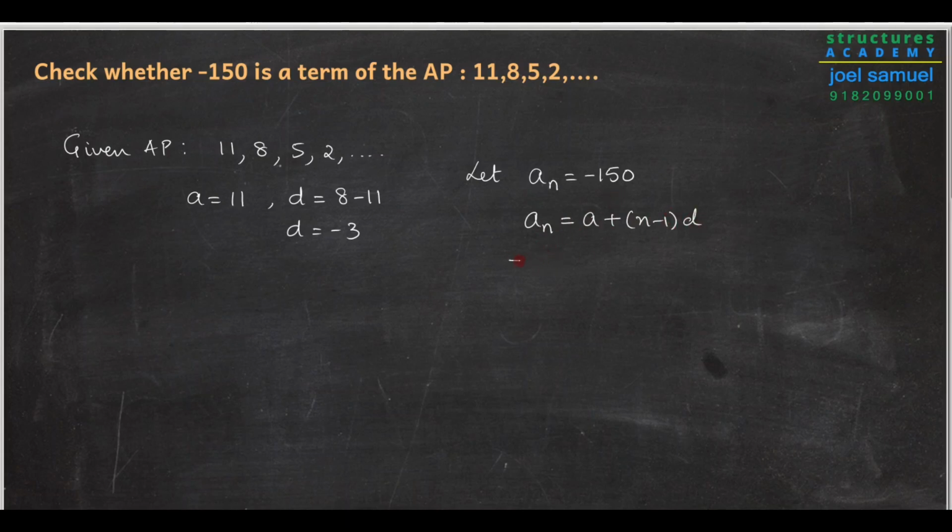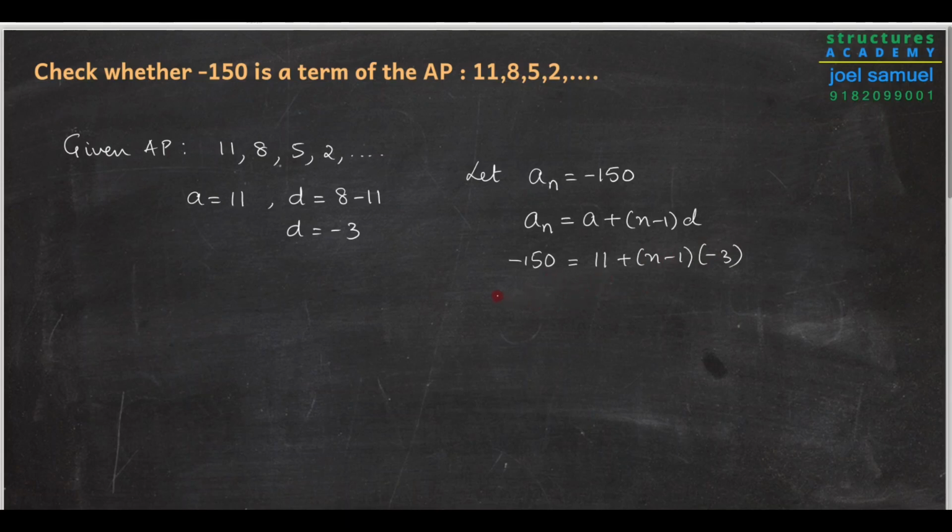So substituting minus 150 in place of a sub n, we get 11 plus n minus 1 into negative 3. So first I'm going to send this 11 onto the left hand side.